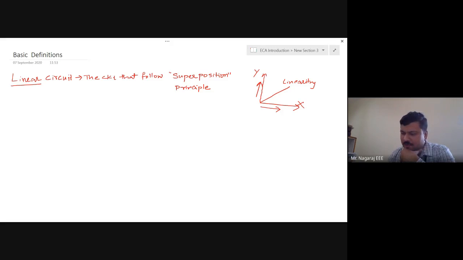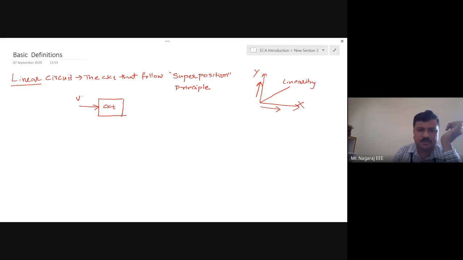Now what superposition means here is, suppose I have a circuit, whatever it may be, and to this I give some input.